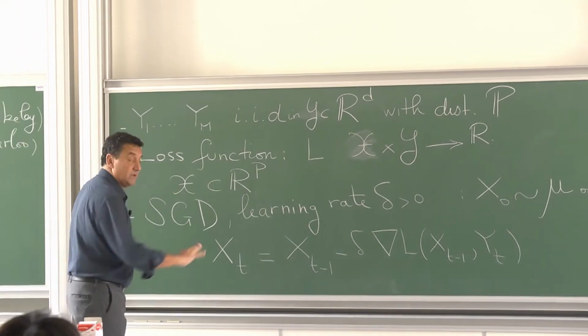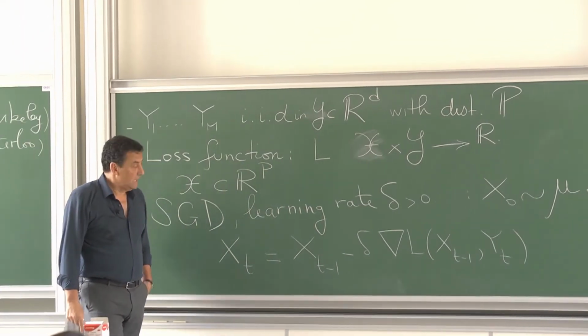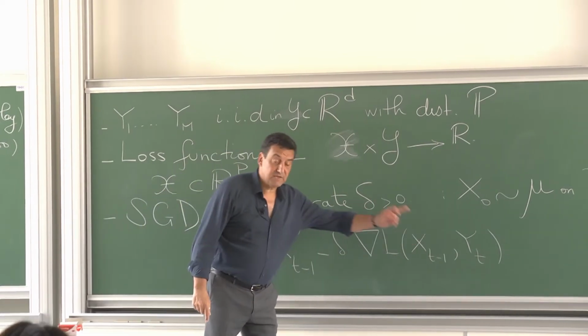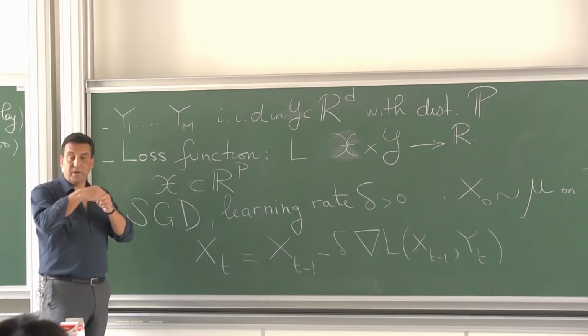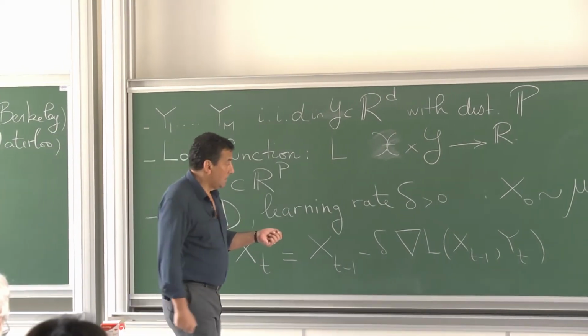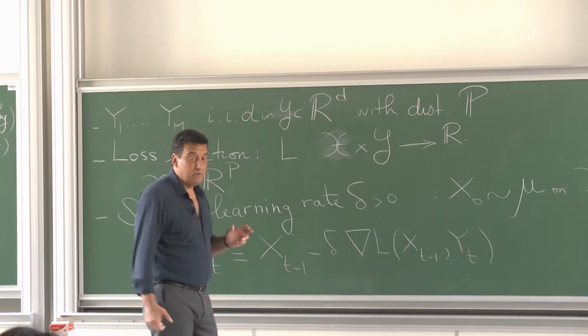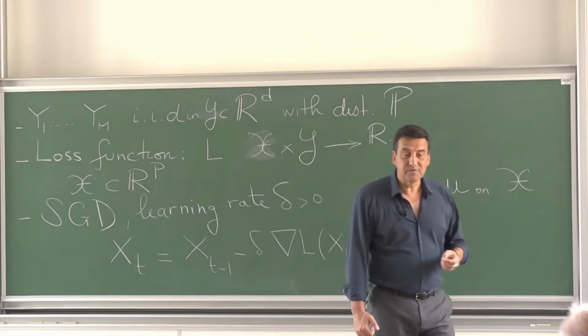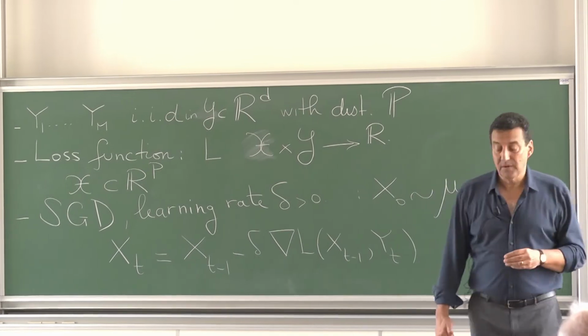This is the simplest thing you can do. It's one pass or online just because I take these data points and use them one after the other. Of course, if I have a limited amount of data, which is what happens in real life, this constrains the number of steps I can do.